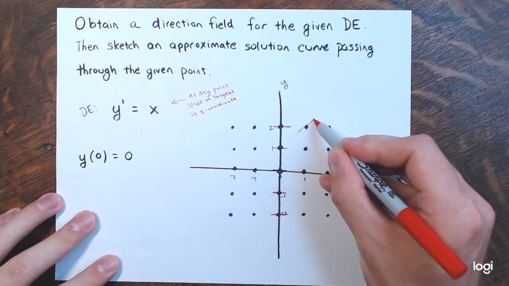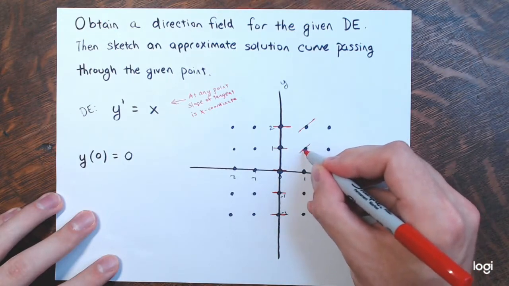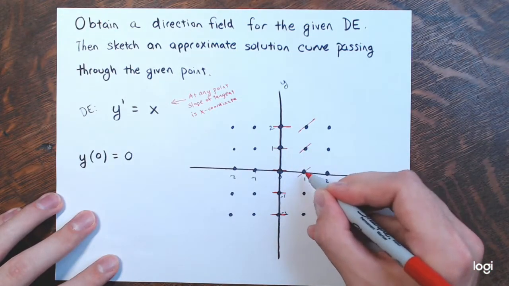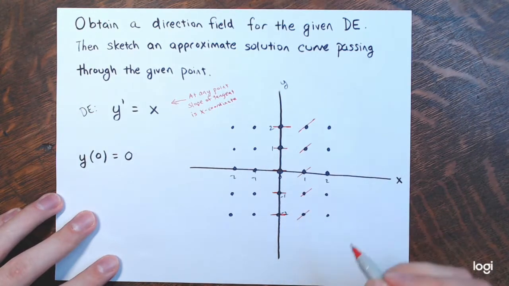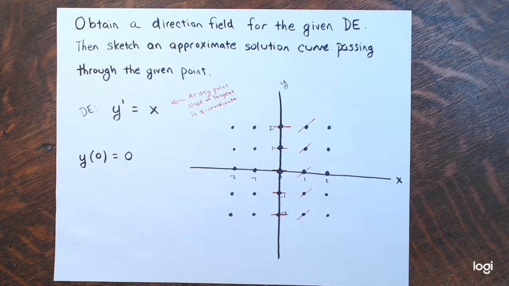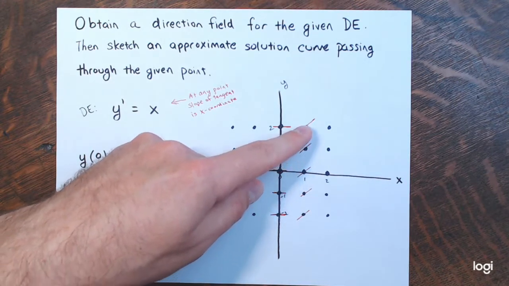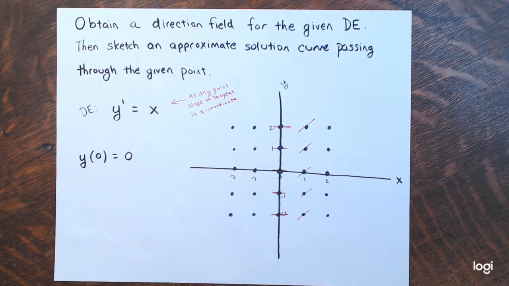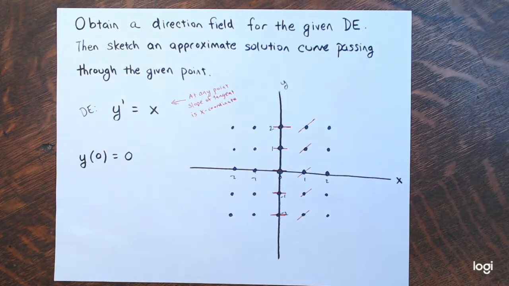Again, if any solution to this differential equation passes through these points, the slope of the tangent line to that curve has got to be 1.